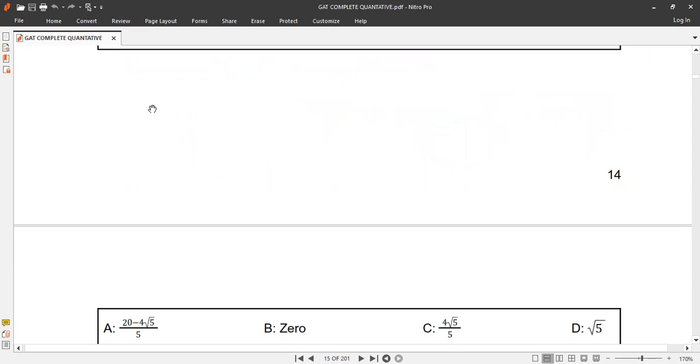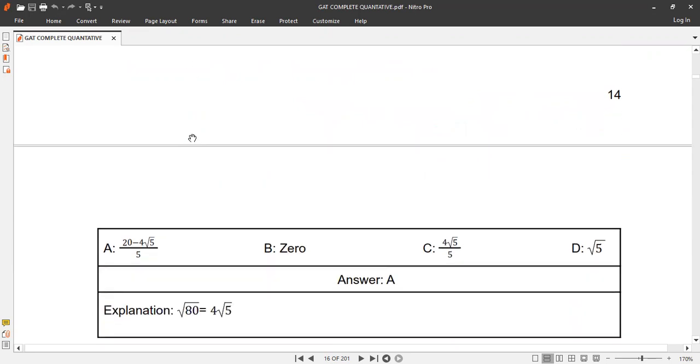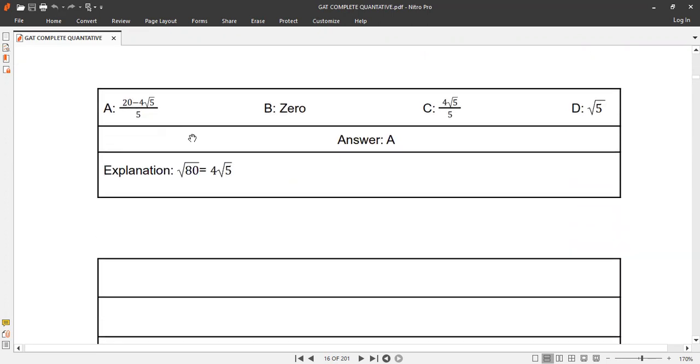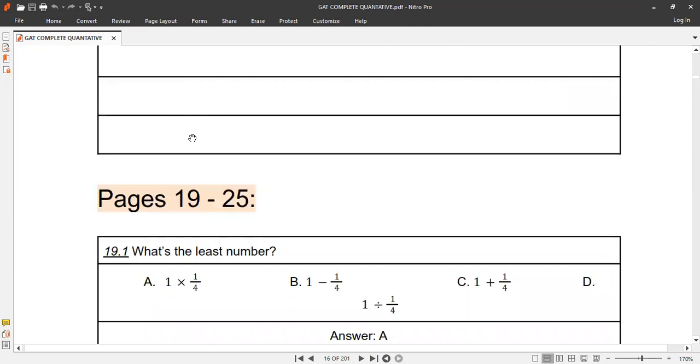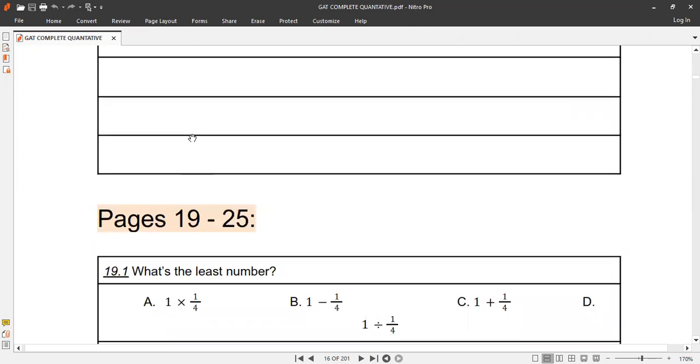So I told you, keep your eyes on the choices. Now let's go to another question. This is a very nice question, because a lot of students, what's the least number? You multiply quarter by 1 or divide 1 by quarter or add.